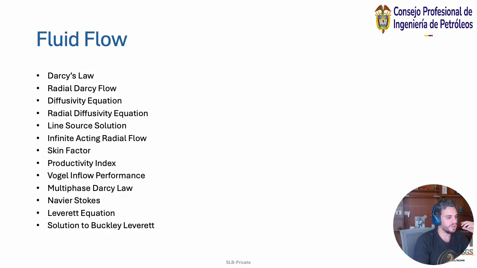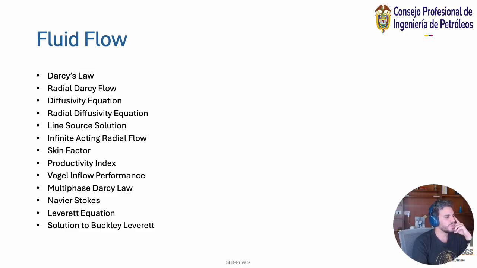Then we'll take it to a radial form where we're looking at a reservoir going into a well, but we'll assume that it's a single phase or a homogeneous structure or fluid, and then we'll add layers of complexity as we go. So we'll move from Darcy to radial Darcy flow, and then we'll explain what the diffusivity equation is after taking the concepts we saw in the previous slides, and then we'll turn that equation into the radial diffusivity equation.